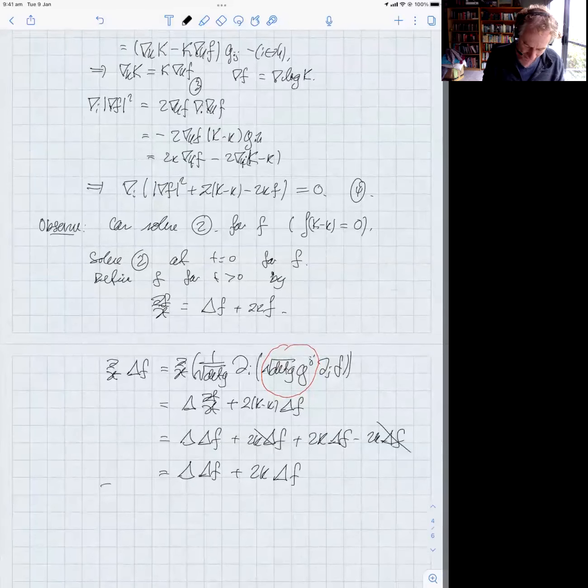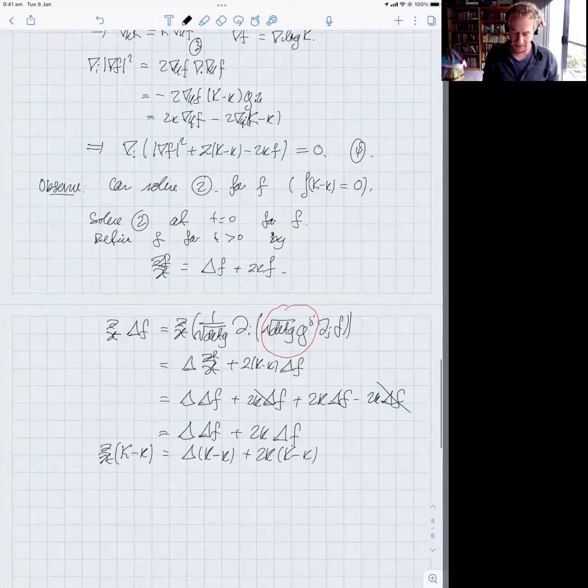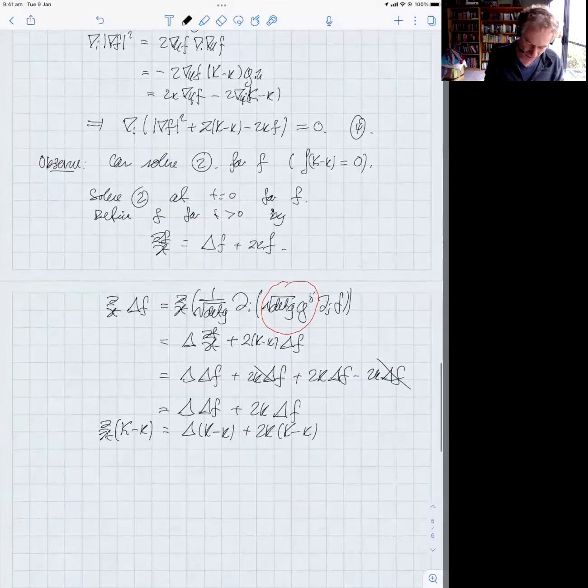The reason why that is really nice is because we know this nice equation for d/dt k, right? That was Laplacian of k plus 2k times (k minus kappa). So in other words, k minus kappa and Laplace f satisfy the same equation.